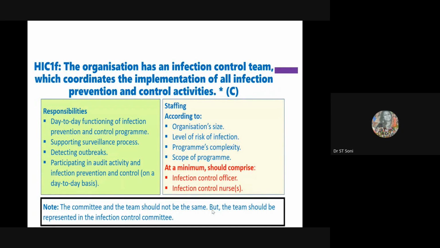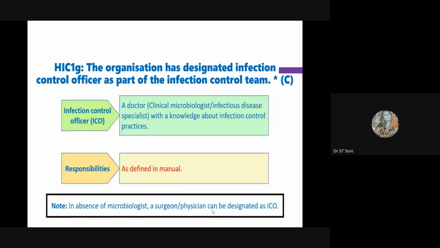So an infection control team has to be prepared, and the team looks into the day-to-day functioning of infection prevention and control, surveillance activity, outbreak activity, and audit activity. The committee and team should not be the same, but some team members should represent the team in the committee. Maybe the infection control officer and the infection control nurse should represent, and they will look into the day-to-day activity of infection prevention and control.